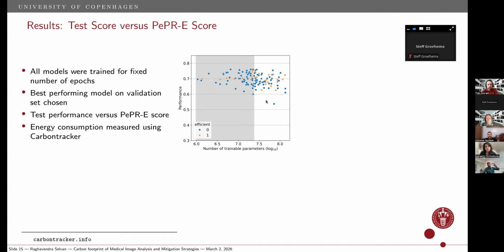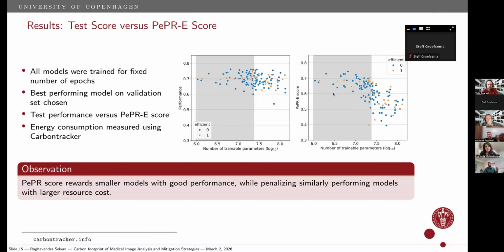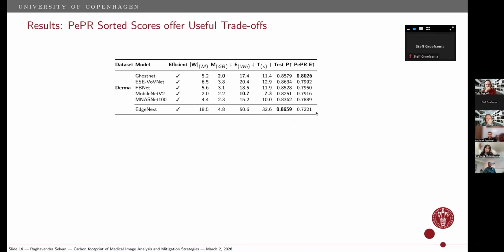It's not obvious that the larger models are doing better, but it just seems like there's nothing interesting happening here. But as soon as you plot something like PEPPER E, what happens with the PEPPER score is that it penalizes the larger models for achieving the same performance as a smaller class of models. So it just penalizes them. Then it gives you an interesting trade-off to say, okay, now I might want to use these models all of a sudden because they are able to achieve similar performance using fewer resources.